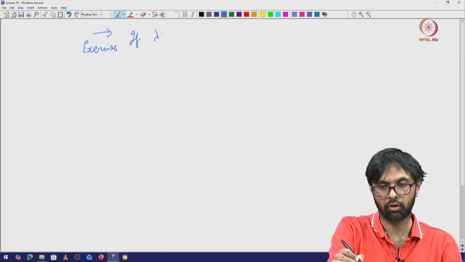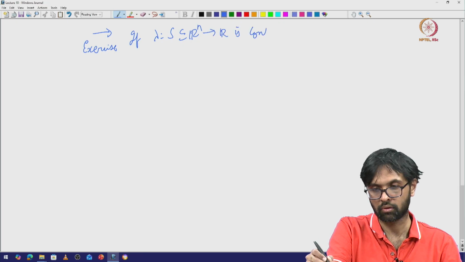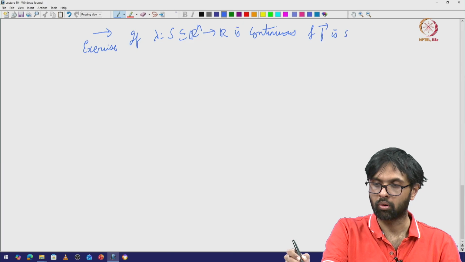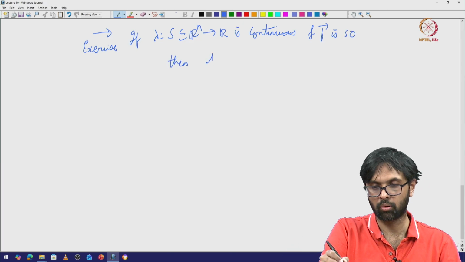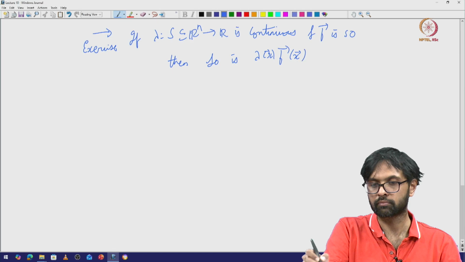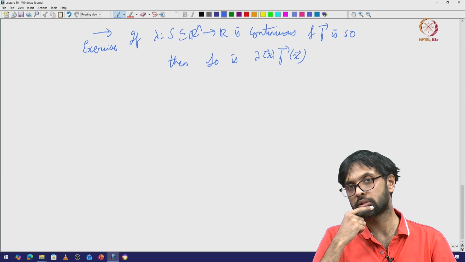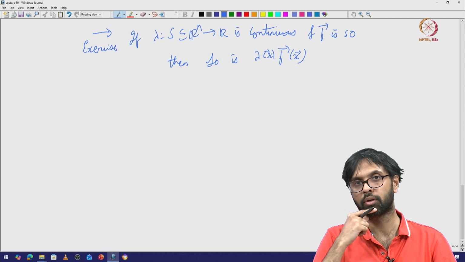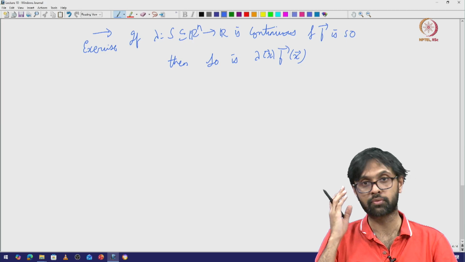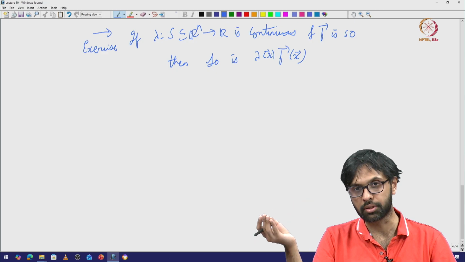If lambda from S in Rn to R is continuous, and F is so, then so is lambda of x times F. So the previous limit laws that we wrote and proved, there are similar statements for continuity, and these limit laws can be directly used to deduce the laws for continuity.